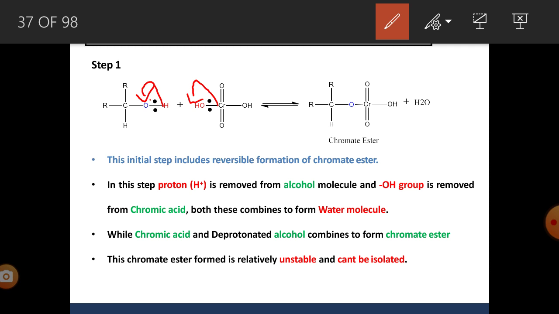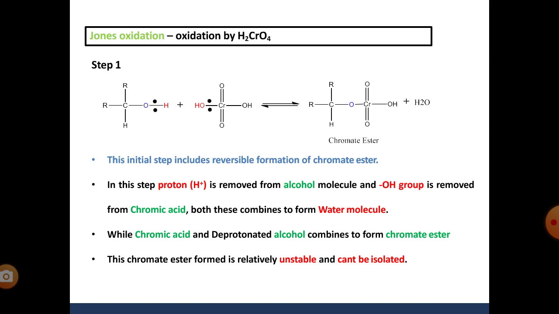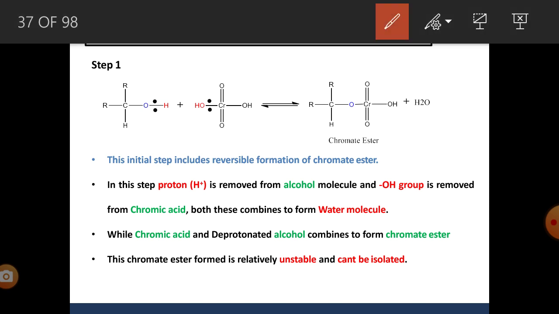Now this oxygen is electron rich, while this chromate is electron deficient, and that is why the reaction takes place. There is formation of a new bond between the electron rich oxygen and the electron deficient Cr.